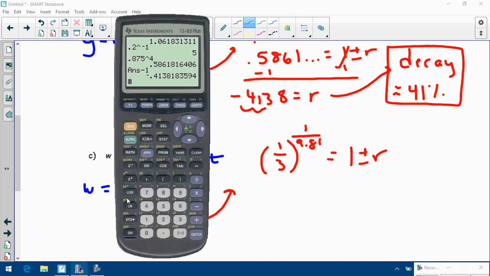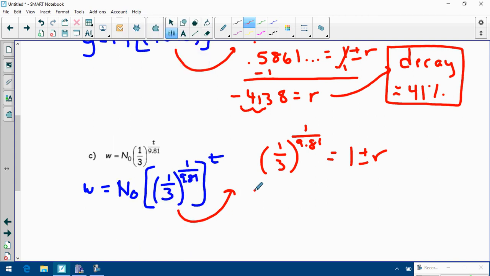Be careful how you plug this in. 1/3 should go in parentheses, even on the new calculators, unless you're using alpha y equals. Raised to the parentheses 1 over 9.81. That's 0.89405, equal to 1 plus or minus r.